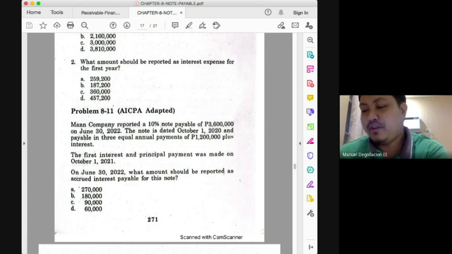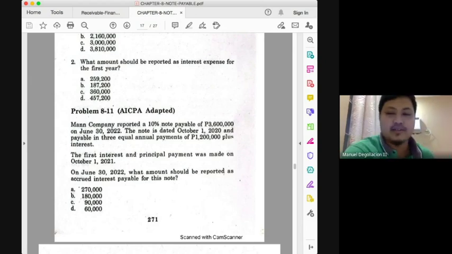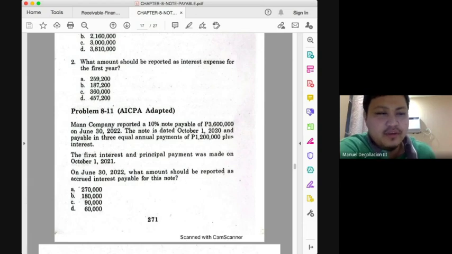Okay, 240,000 times 9 over 12. And you would get 180,000. And that is our answer for this problem. Okay, you can see letter A there, class. It's 270,000. You would be answering 270,000 if you still use 360,000 as your basis. Okay, so 360,000 times 9 over 12 will give you 270.